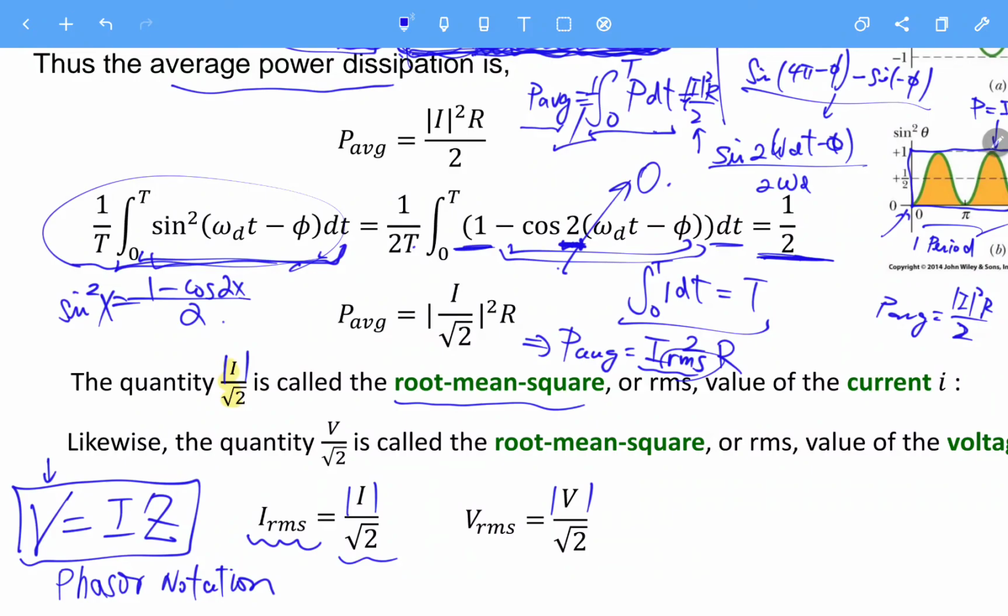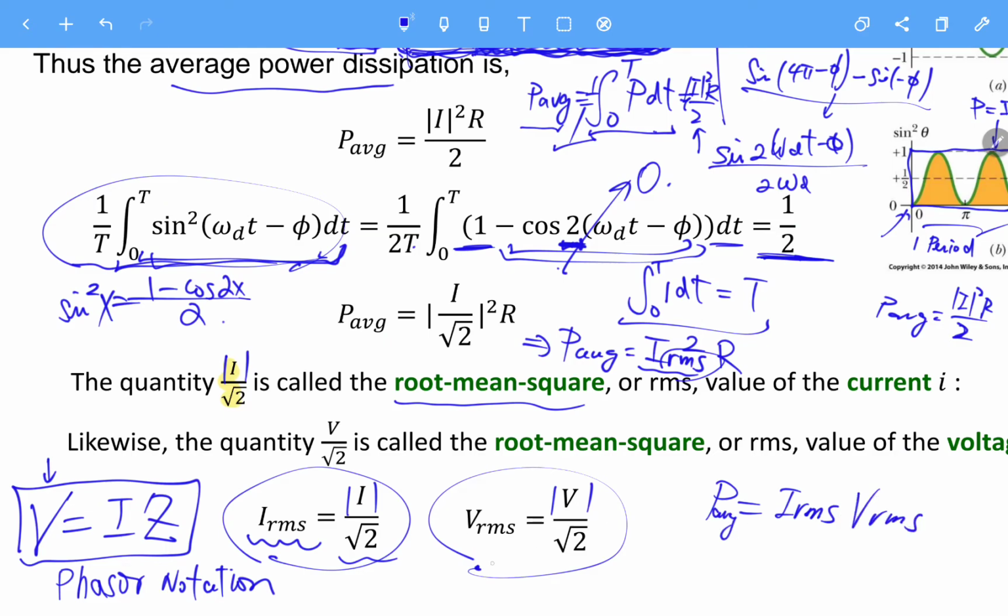So we have I RMS and also V RMS, which means that P average is I RMS times V RMS, because originally it's I RMS square R, and V RMS is actually I RMS times R.